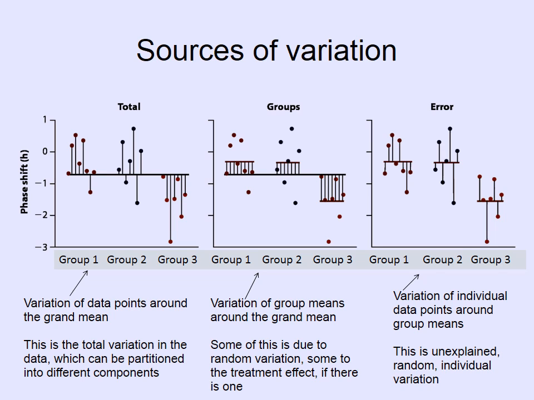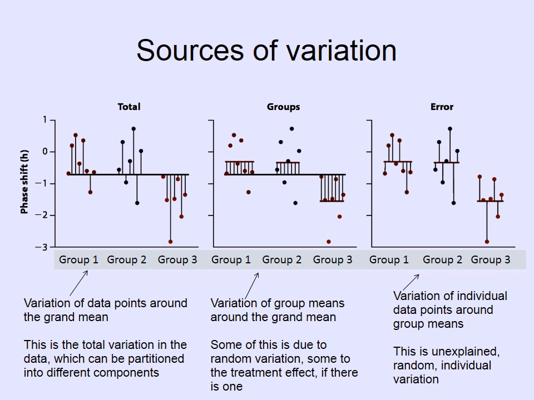That's all the data points to the grand mean. That's the black horizontal line. So le grand mean, how far are all these data points from it? Then the second one, the group's variation, which can also be called treatment variation. We'll see how far the means of each group are from that grand mean.